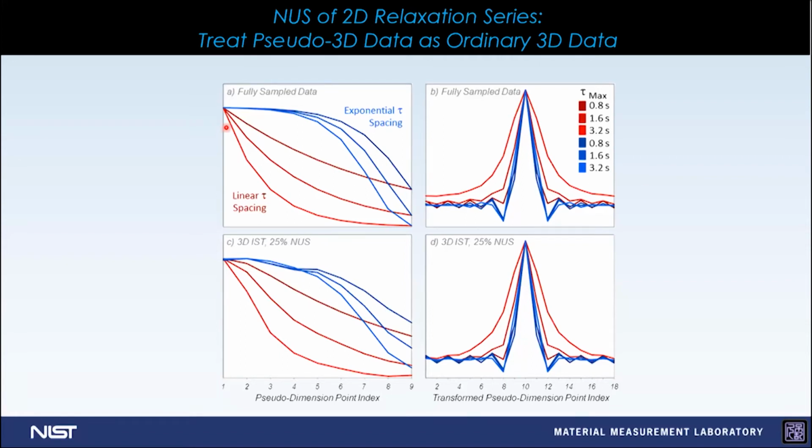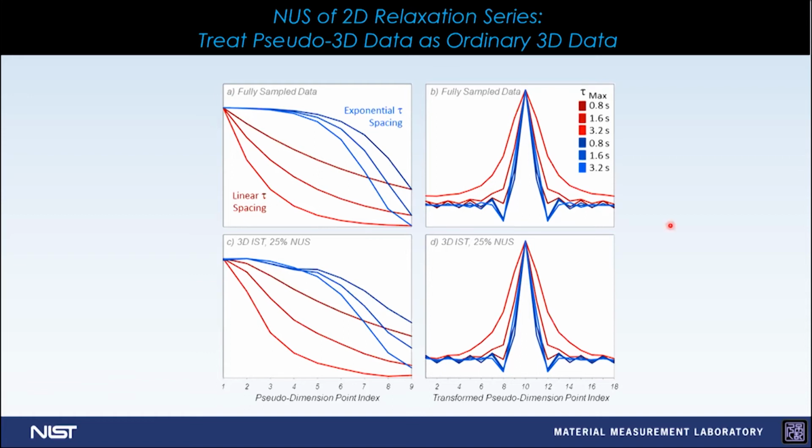When we have data that looks like an exponential decay and we Fourier transform it, we get a signal that looks like a broad Lorentzian. Whereas if we have a decay that looks like it's Gaussian and we Fourier transform it, we get a narrower Gaussian line shape that has transform artifacts, but the line shape itself is narrower.